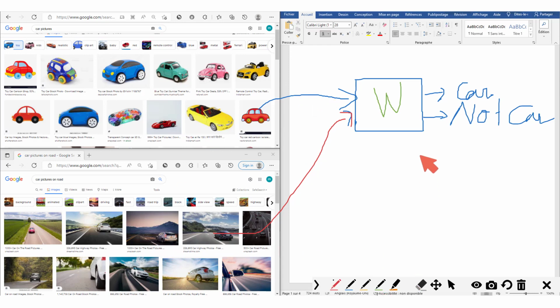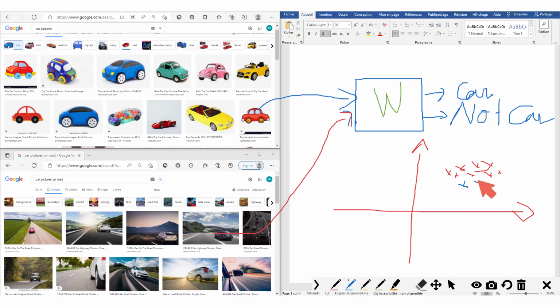And to visualize this, let's consider this plot right here. What we're going to have is something like this. We'll have this here for car, and this for not car, and then we'll build this classifier, or this model, which distinguishes a car from an image which is not a car by, say, this function, for example.